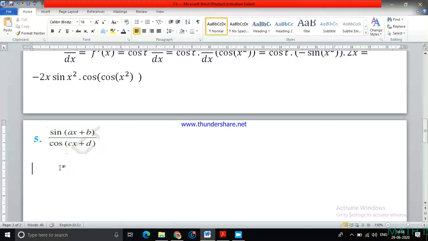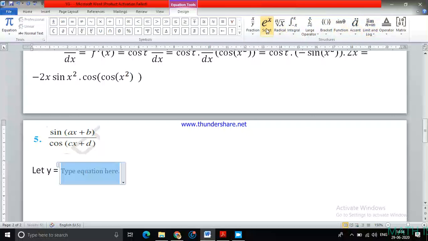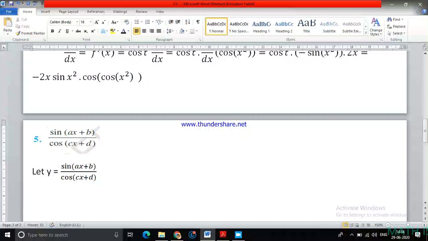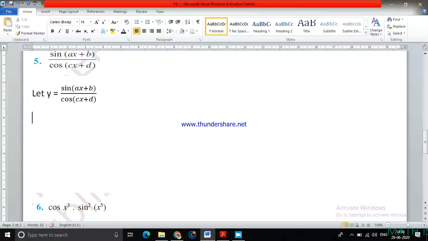So according to the definition, I have to take this as, let the given function be y equals to sin(ax plus b) upon cos(cx plus d). Okay, so according to the definition, if I go for the derivative of the function, what do you get?